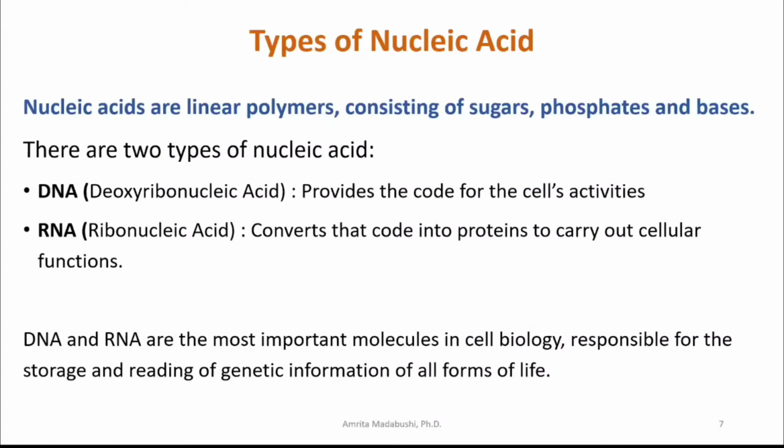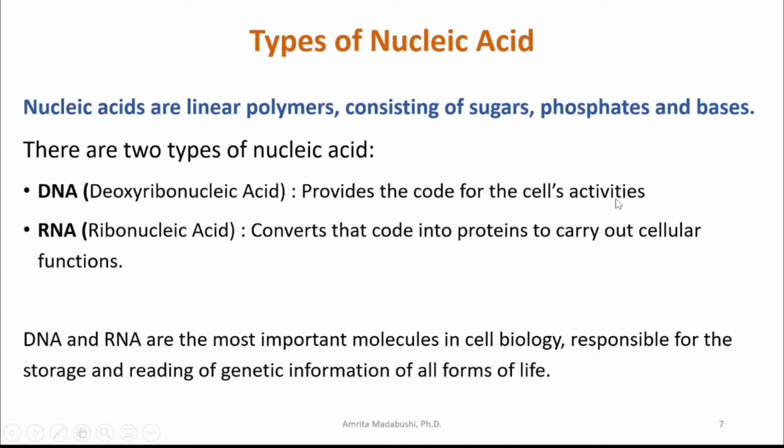Just like that, nucleic acids are linear polymers of nucleotides. And there are two types. One is DNA and the other is RNA. DNA is the abbreviated form of the word deoxyribonucleic acid. And it provides the entire code for the cell's activities.